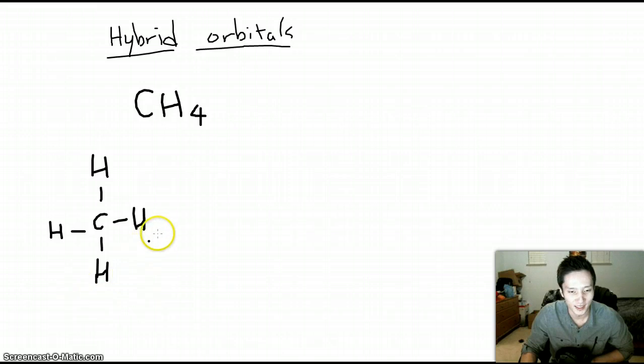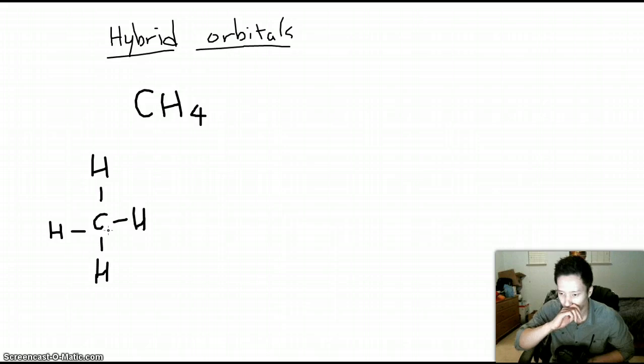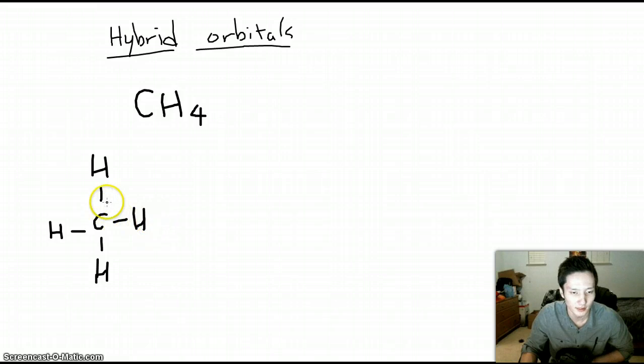And would you agree that these bonds, this carbon and hydrogen bond, this carbon and hydrogen bond, and all four of these bonds, are the same? If you're not nodding, please come see me tomorrow. Yes, they are indeed the same. These are all single bonds between this carbon and the hydrogens outside. They're all the same, these four bonds.